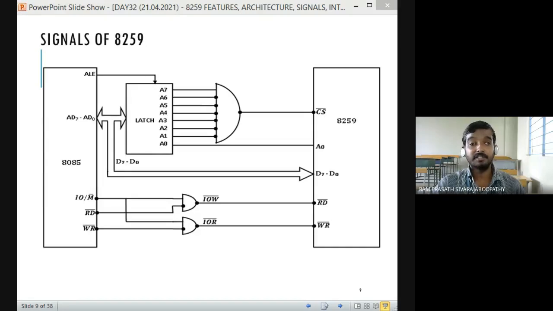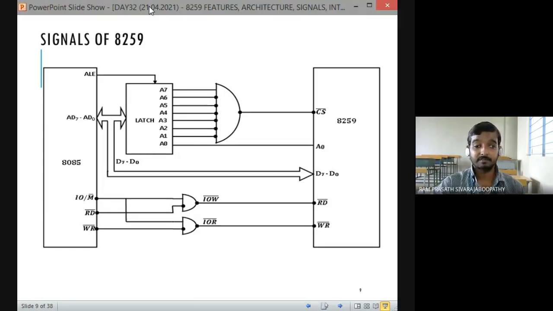So what about the address for writing the command word? There are two possible addresses. What are the two possible addresses we have now? The upper 7 bits are in the pattern 1 0 0 0 0 0 0. A0 can be either 0 or 1.